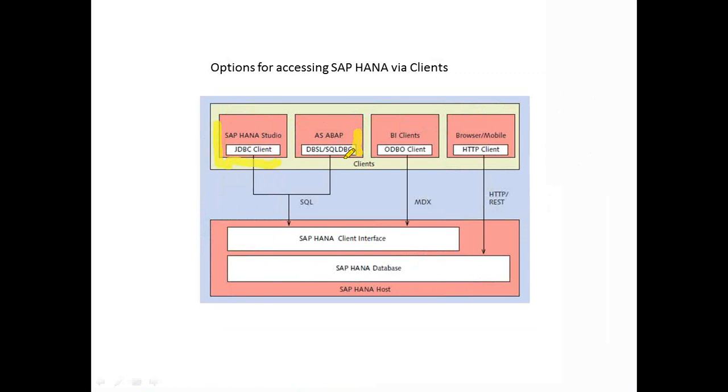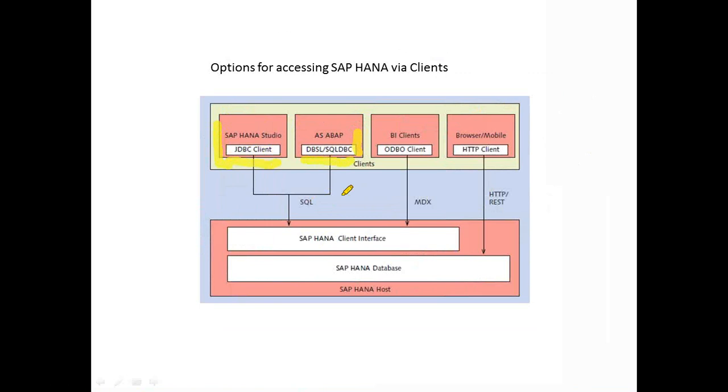But on the HANA database, our ABAP application server has separate database connectivity components, using native SQL. Even in ABAP development on HANA, the ABAP programs convert into SQL. Just as we work on ECC, the select queries and all that we write convert into native SQL.